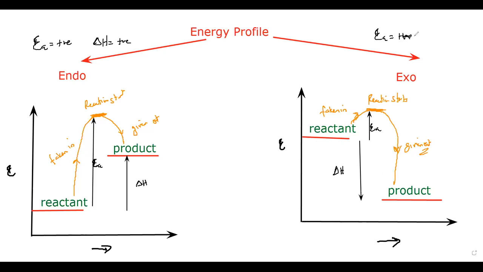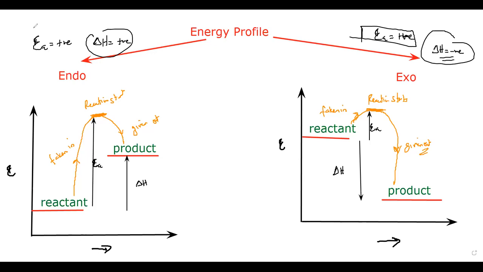But what about delta H, the difference in energy of the product and reactant? Delta H is the energy of product minus reactant, so delta H will be negative. So for exothermic reactions, enthalpy change is negative. For endothermic reactions, enthalpy change is positive.